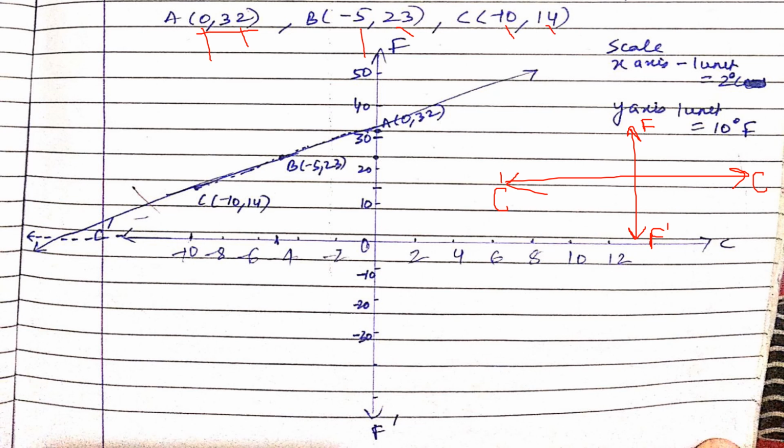These Celsius values are not that high; they are simple values. That is why I have taken the scale on the x-axis as 1 unit equal to 2 degree Celsius. Please note it, as the values of the first coordinate, that is of Celsius, are very small or simple, so I have taken 1 unit as 2 degree Celsius.